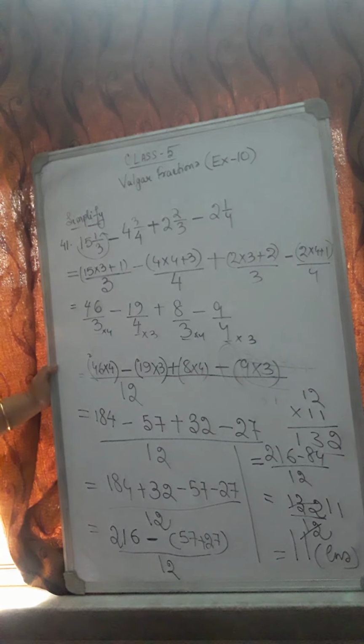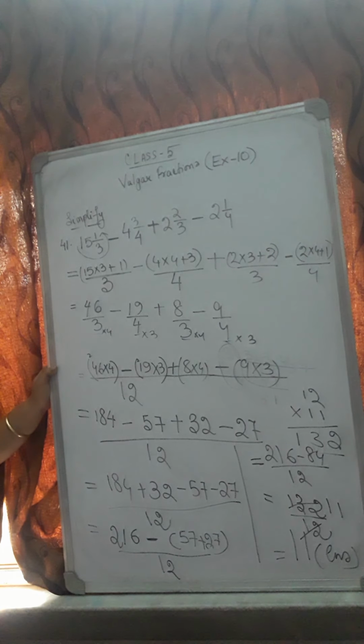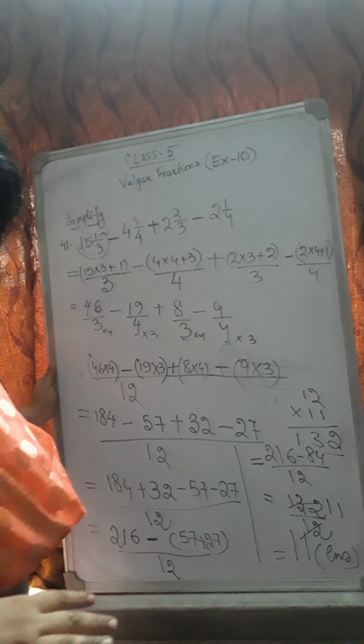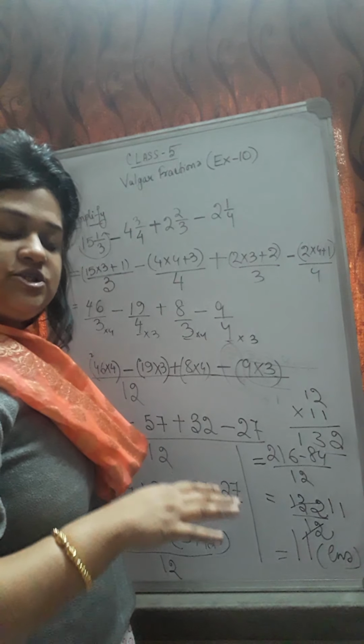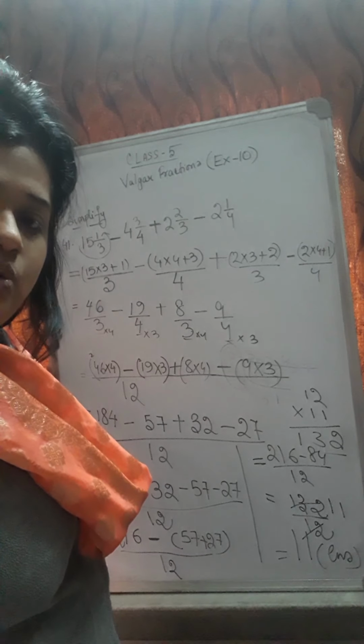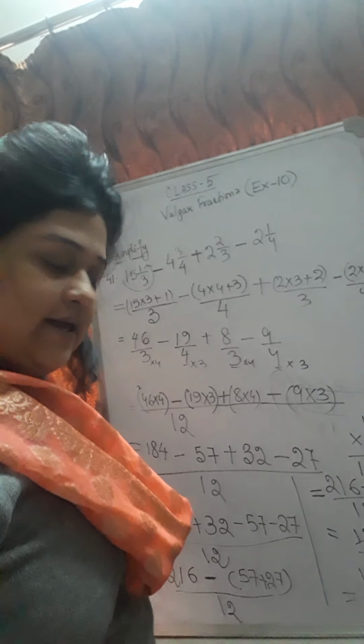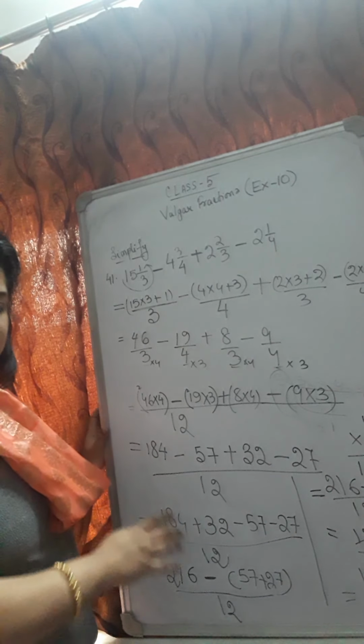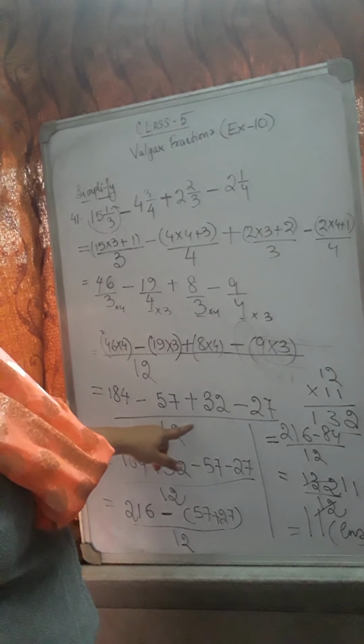Very easy. Only the fact is that addition and subtraction are given together. So the way you solve addition, the way you solve fractional subtraction, this is same, but only you have to take care in the last step. Last step where you have to add and subtract the values.